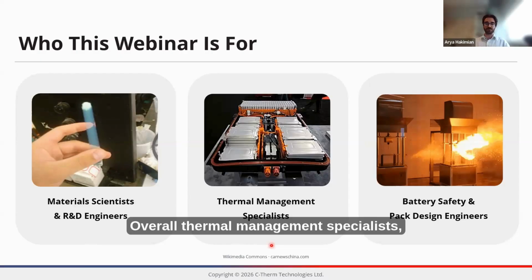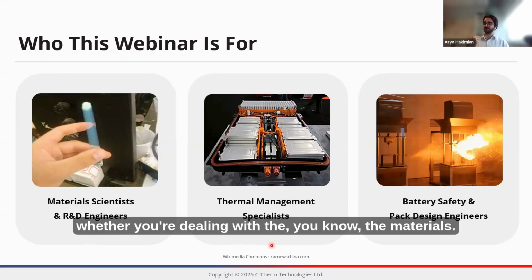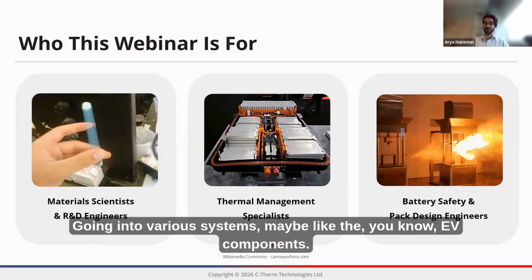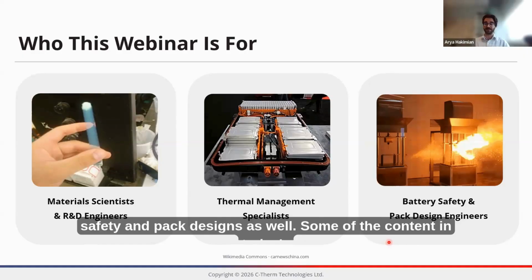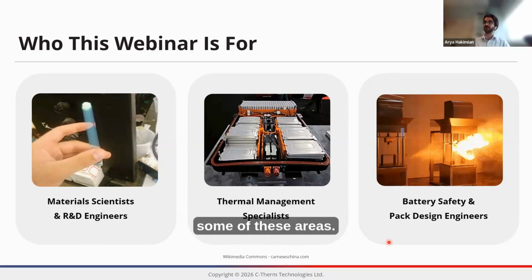Overall thermal management specialists, so whether you're dealing with the materials going into various systems, maybe like EV components, or if you're looking at the overall battery safety and pack designs as well. Some of the content in today's presentation will be targeted towards some of these areas.